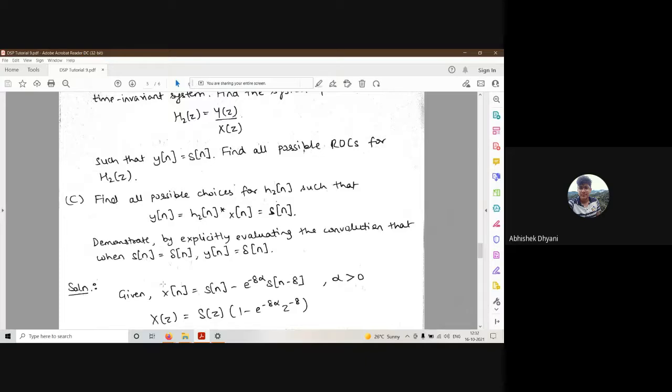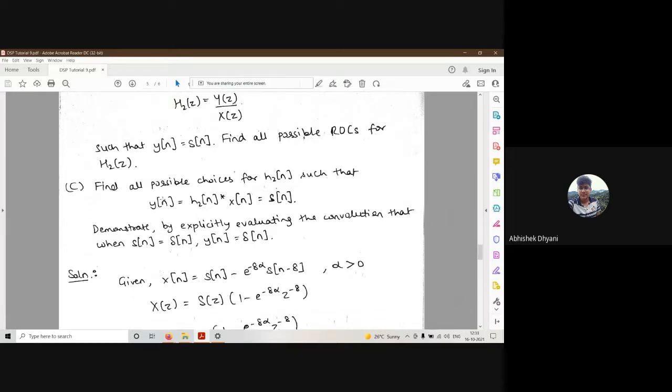Then we have to demonstrate by evaluating this convolution for s of n equal to delta of n. So I have to assume that the input is a delta of n function, and then compute what y of n will be. Ideally it should be the input only, so it should be delta of n. So first of all, let's do this part.